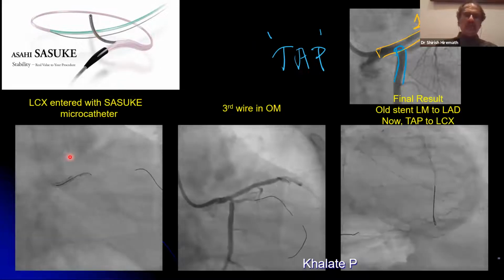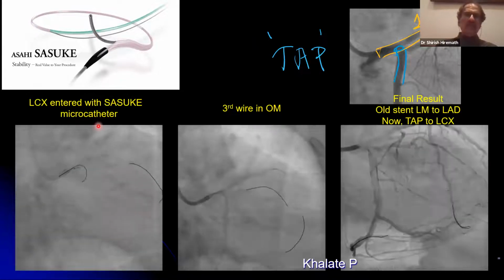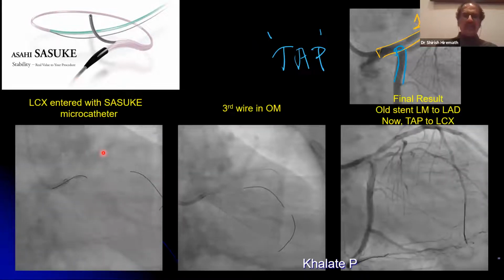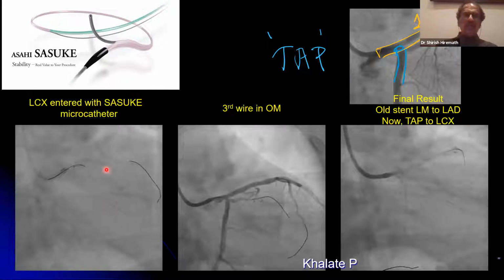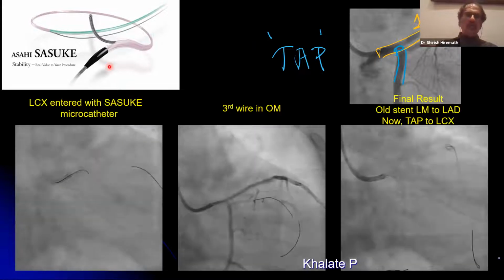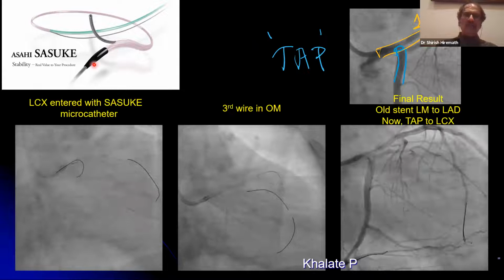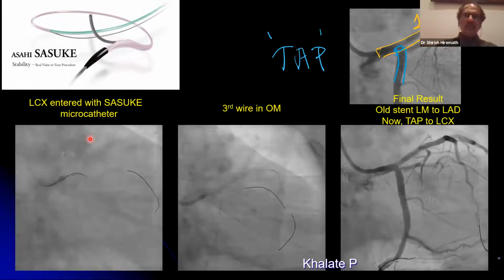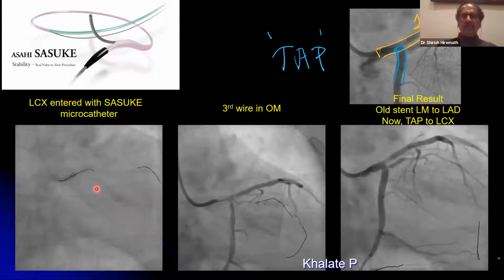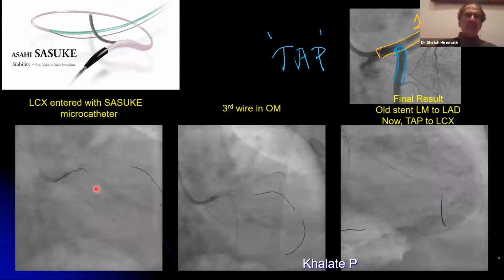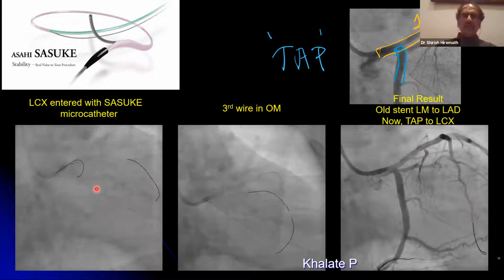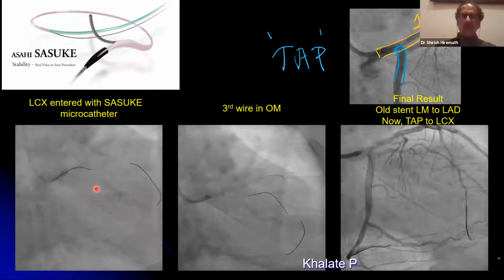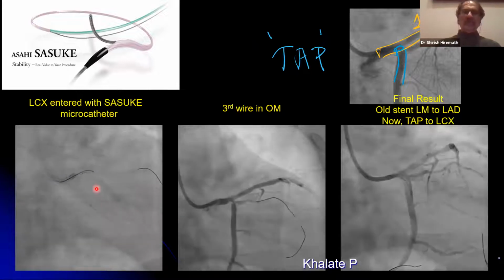So the first wire is in OM, the distal end of the Sasuke catheter, which is like a microcatheter, is towards this branch, and through this hole on the side, a few millimeters back from the tip, you are pushing this wire. So this is a very easy way to access a difficult side branch. In this particular case, this side branch had closed off, so this kind of help was really required.